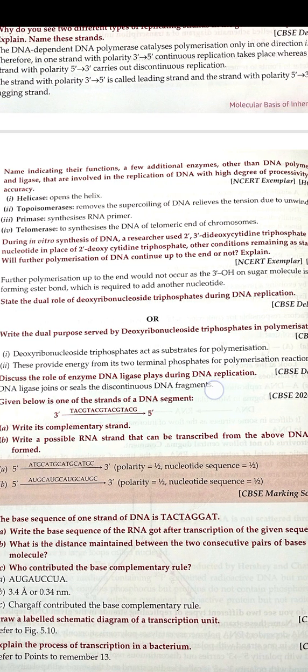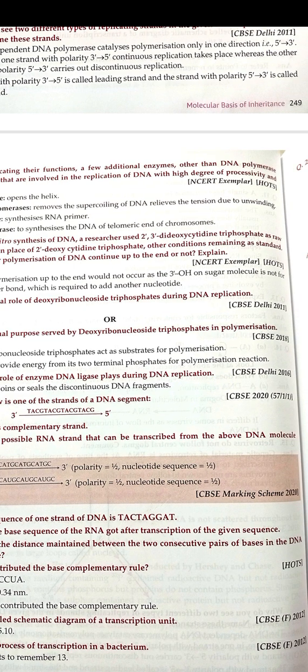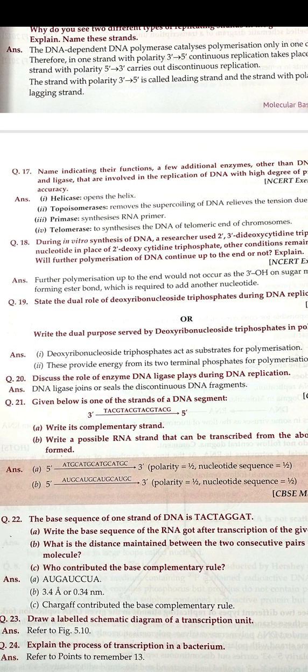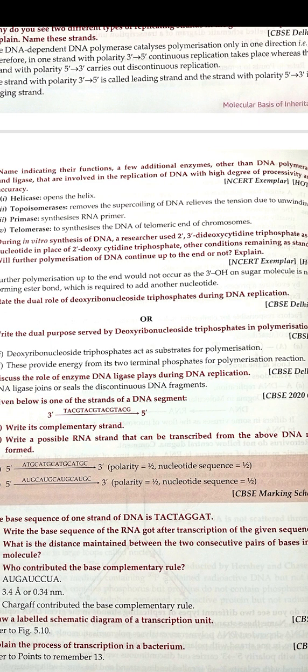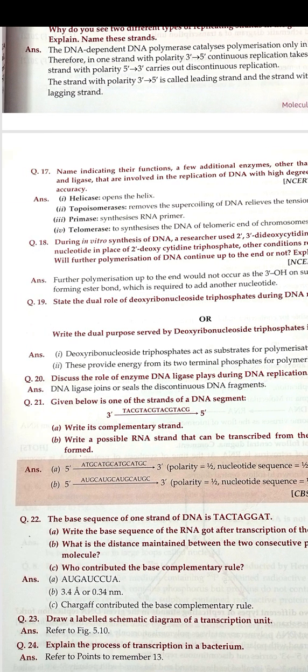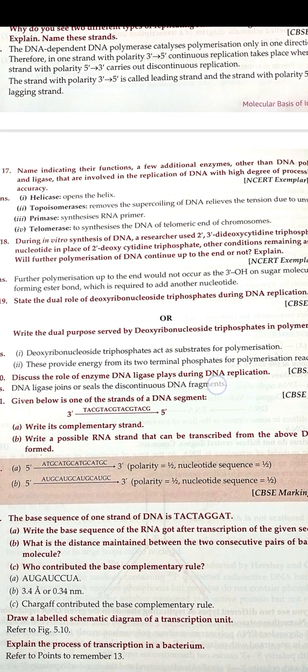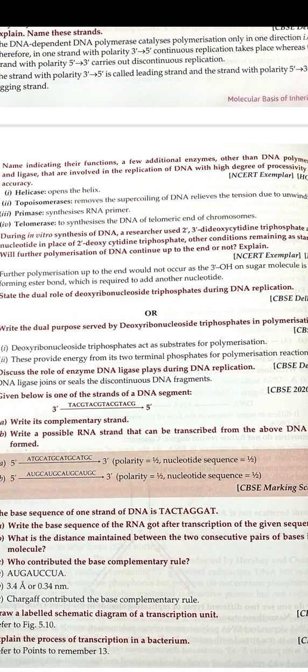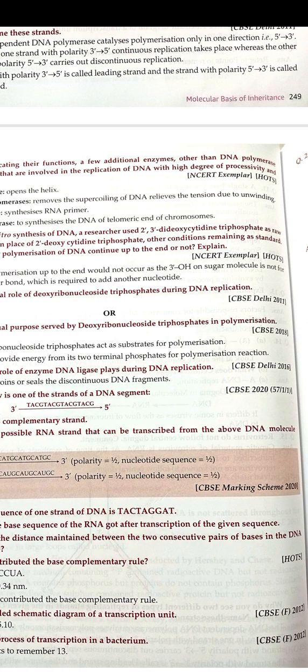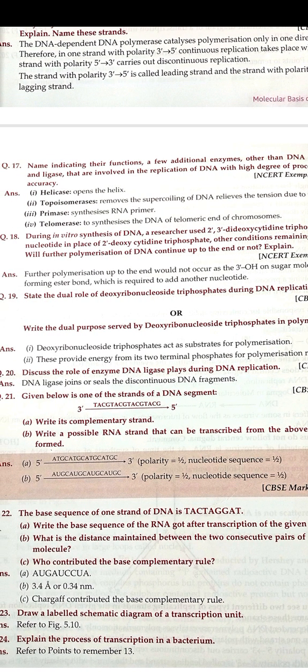Other conditions remaining standard, will further polymerization of DNA continue up to the end or not? Explain. So the answer is, further polymerization up to the end would not occur as the 3'-OH on the sugar molecule is not available for forming the ester bond, which is required to add another nucleotide.